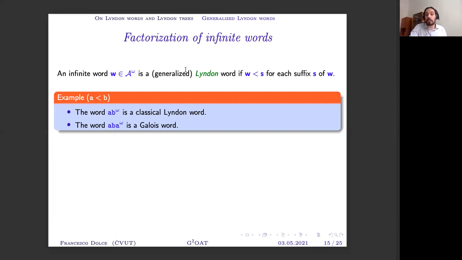And we can do the same for generalized Lyndon words, so using, for instance, the alternate order. If you consider a, b, a, and so forth, every suffix either starts with b, so that in the first position you have b bigger than a, or starts with aa, so in the second position you have an a that is bigger than b for the alternate order.